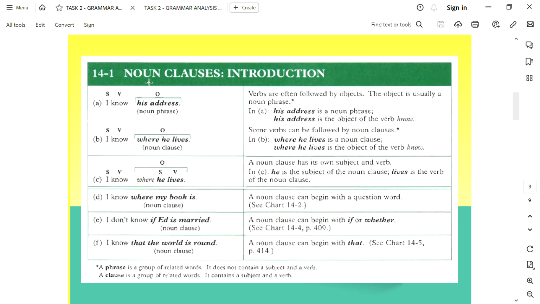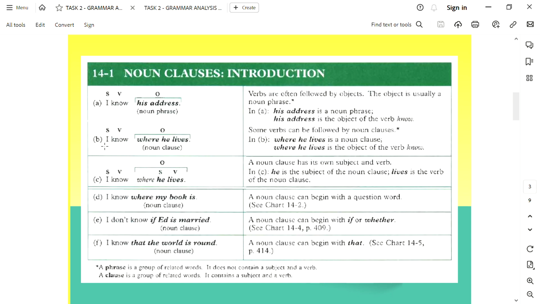Noun clause is the introduction. The example A here, I know his address. His address here is a noun phrase. Its function is an object.